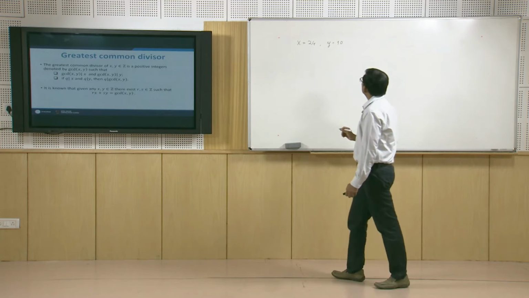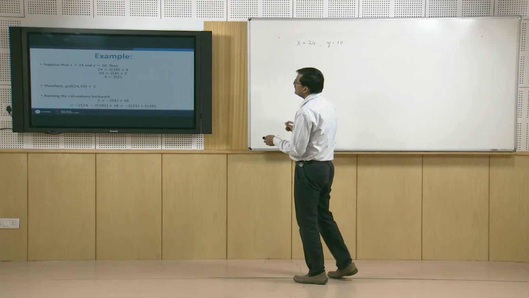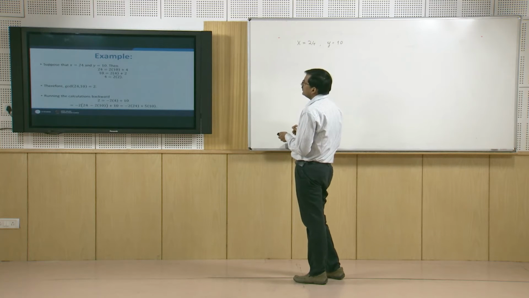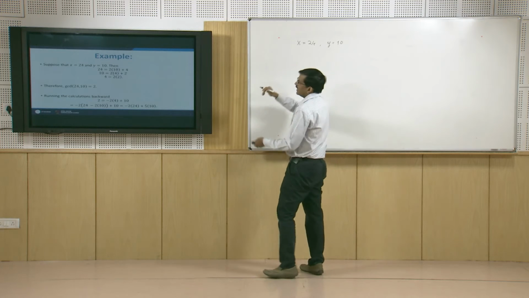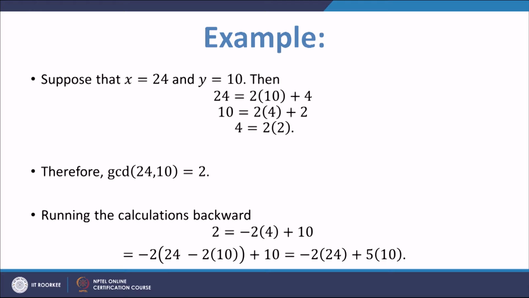For that, we take 24 and divide it by 10 first. I am writing here in a different way, and we will see that this way is easier to handle in our context, but we know that in school arithmetic we do it like this.